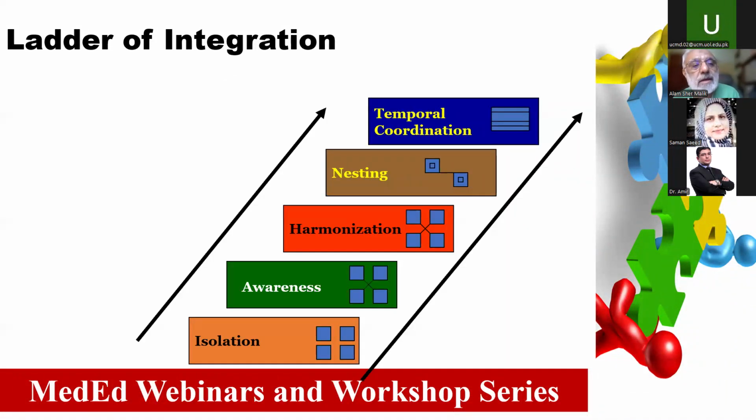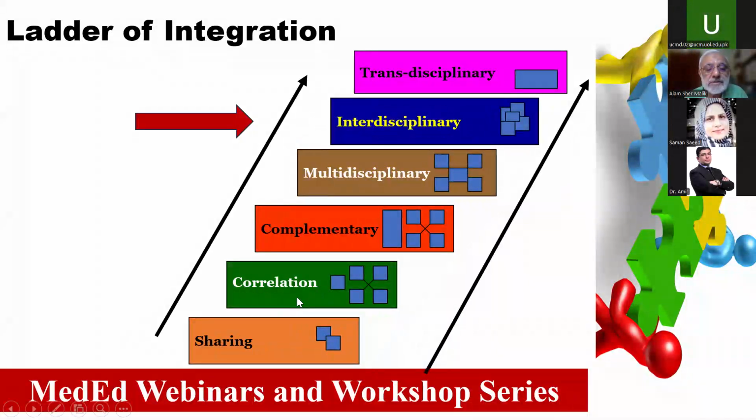Now, this is what is called the ladder of integration, or we can say the different levels of integration. The first, or lowest, level is isolation, and then awareness, harmonization, nesting, temporal coordination. Then sharing, correlation, complementary, multidisciplinary, and interdisciplinary. This is what we are talking about today.